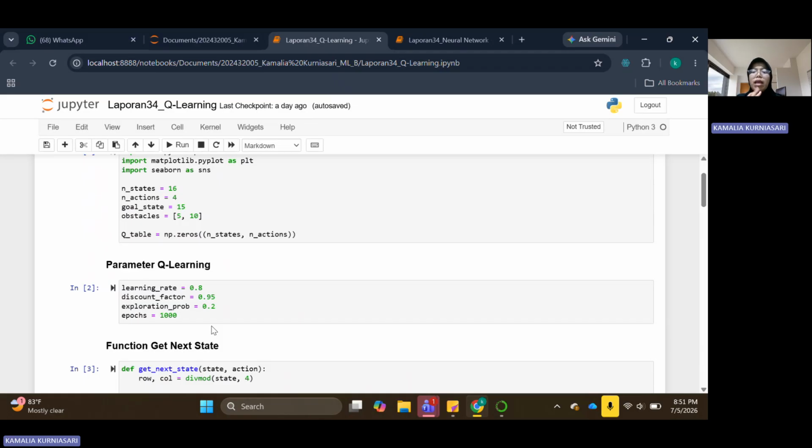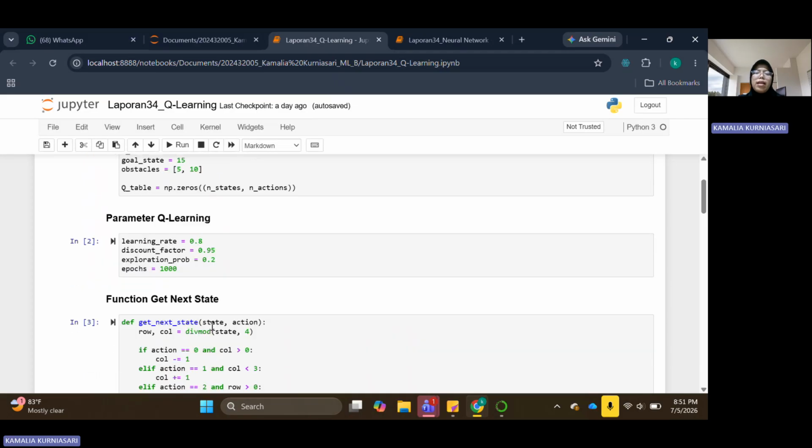The learning rate determines how much new information affects Q value updates, and the discount factor determines how much future rewards are valued. And the exploration probability controls how often the agent explores random actions.